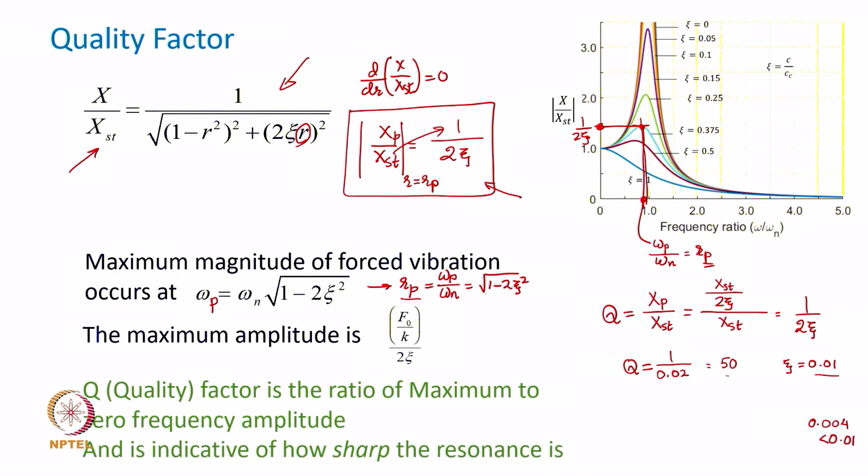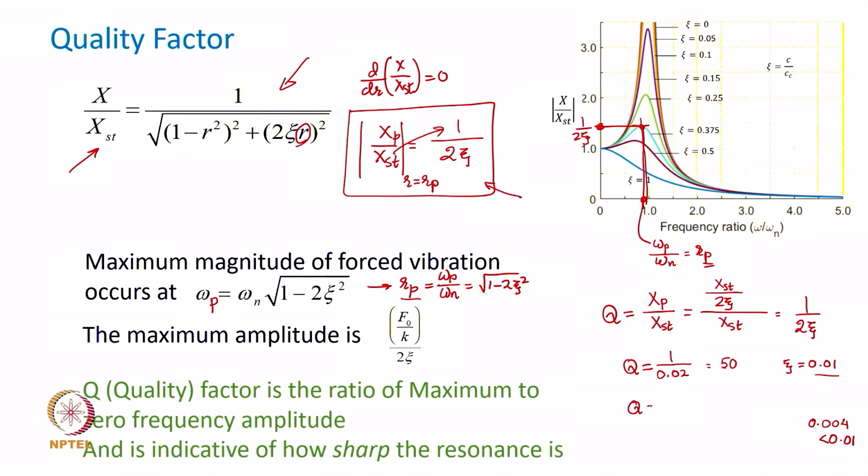Okay. So, you can imagine that if there is no additional damping in a structural vibration case, the resonance can be very sharp. And what this 50 actually means to you is that the peak amplitude will be 50 times the amplitude at zero frequency. Okay.